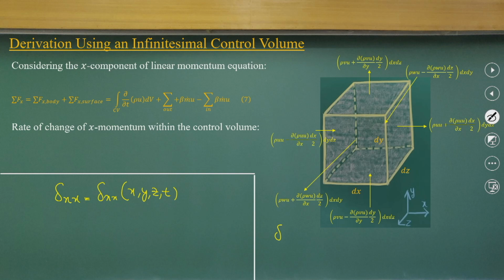Now, looking at the control surface and how this component comes: for a very large control volume, I can find the momentum flux and the correction factor. But now I have converted this into an infinitely small control volume. Now I have components in terms of momentum flux: the component rho into u is the mass flux per unit area.